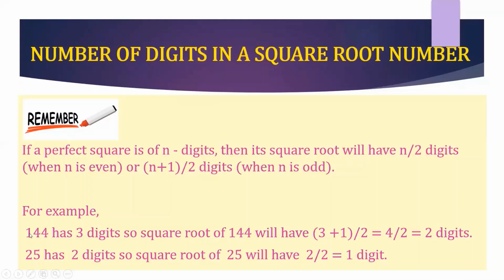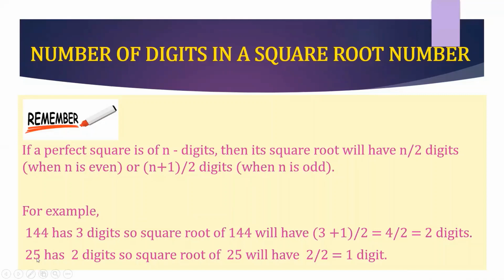We know that the square root of 144 is 12 and that is a 2-digit number. Suppose you have some number which has 5 digits, then the square root of that number will have 5 plus 1 upon 2, that is 6 upon 2, that is 3 digits in its square root.